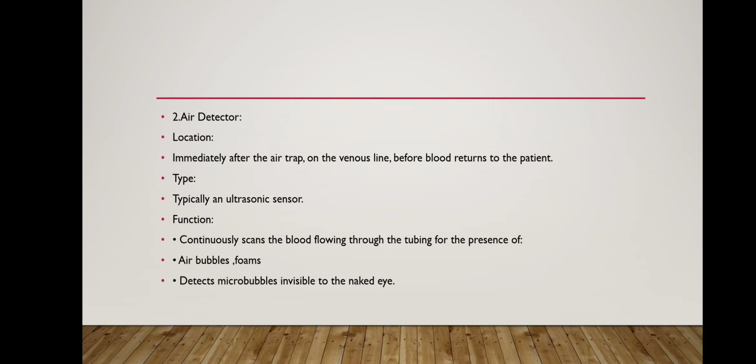The air detector's location is immediately after the air trap on the venous line and before blood returns to the patient. The type of air detector is typically an ultrasound sensor. The function of the ultrasound sensor is to continuously scan the blood flowing through the tubing for the presence of air bubbles and detect micro bubbles invisible to the naked eye.